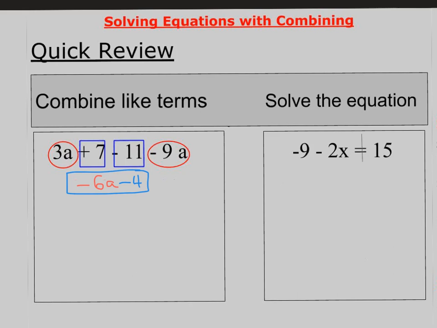Now let's take a look at the equation example. I have negative 9 minus 2x equals 15. So first, I'm going to start with the side that has the variable. And when I look at the side that has the variable, I want to cancel out the term that is not directly connected with the variable, like that negative 2 is.